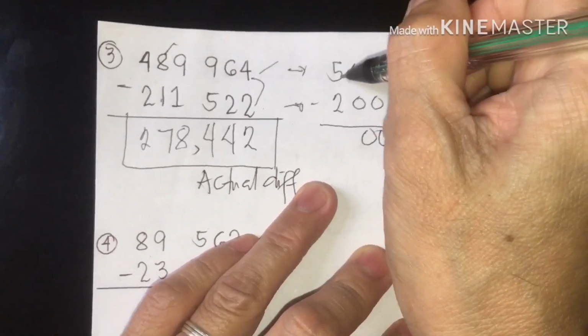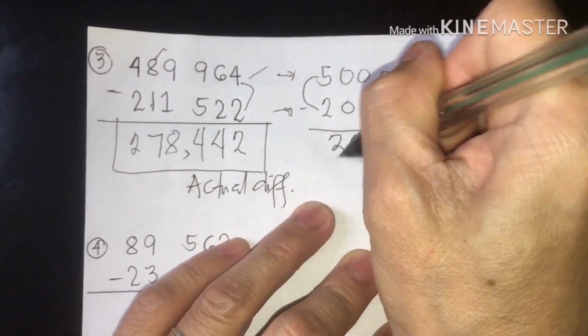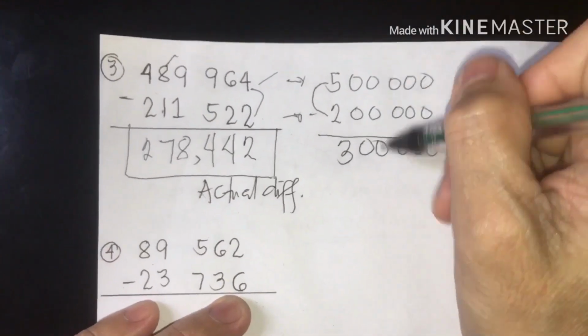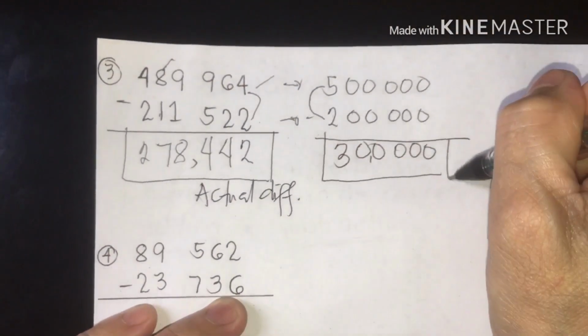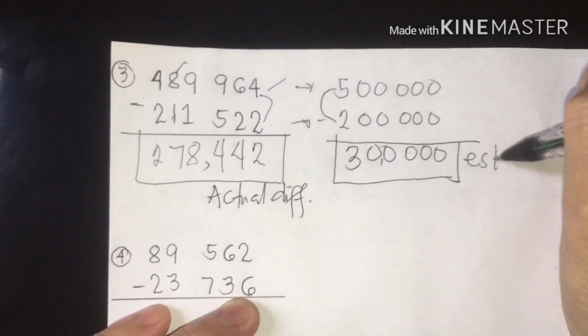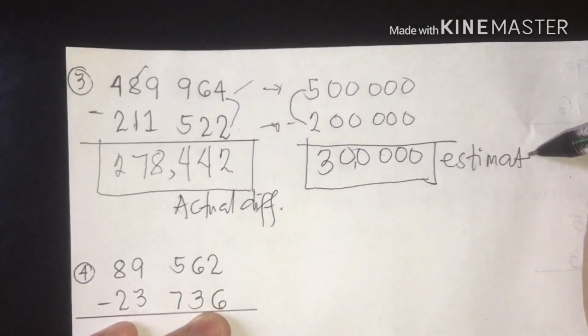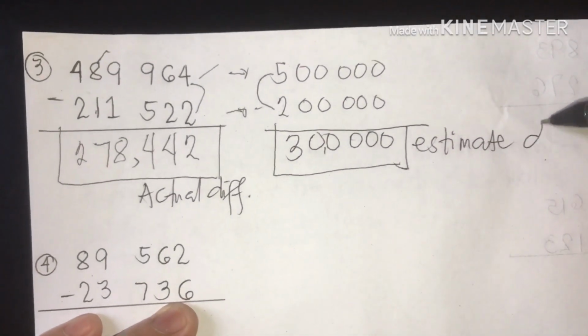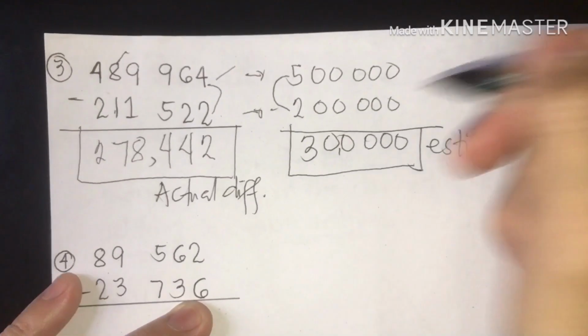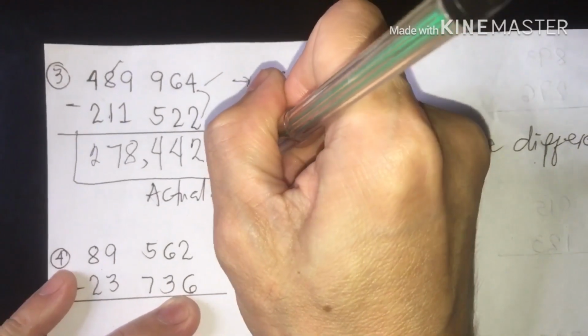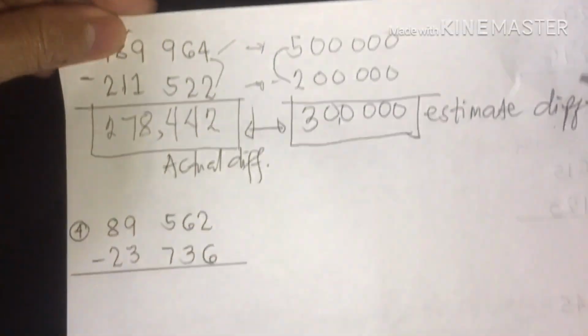Then we need to subtract 5 and 2, which is 3, so this 300,000. This will be our estimated difference. It's near to our actual difference.